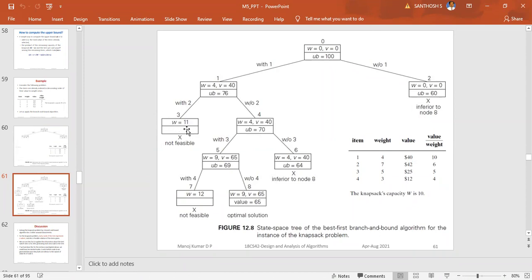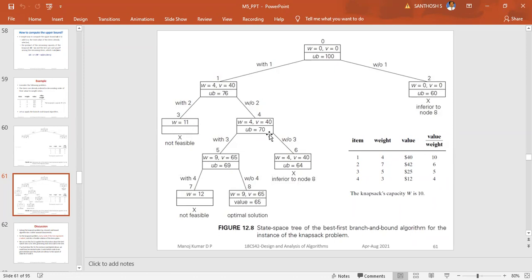With 11, is it feasible? What is the maximum capacity you can have? It is 10. As 11 is greater than our knapsack capacity W, this cannot be feasible.